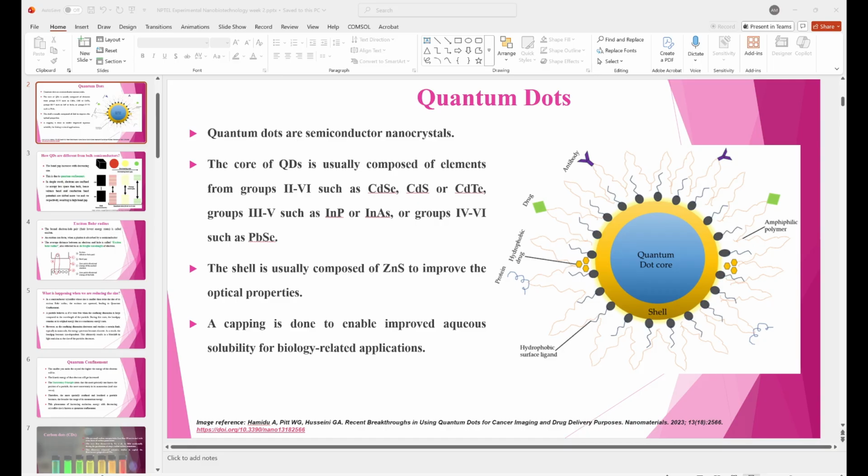It will switch on. This is the off-on strategy, and you will find a lot of papers on how they use this off-on technology for designing diagnostics. In this case, you are detecting GSH sensing in cells.